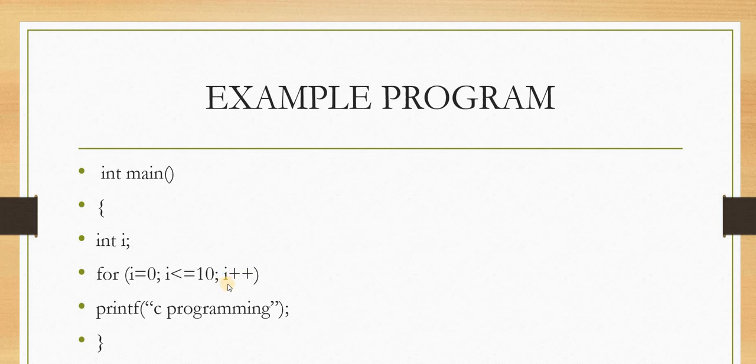Every time after finishing the work, we have to represent whether we have to increment the count. In which way? If you give i++, after finishing the work, the variable which controls the loop will be incremented by one.